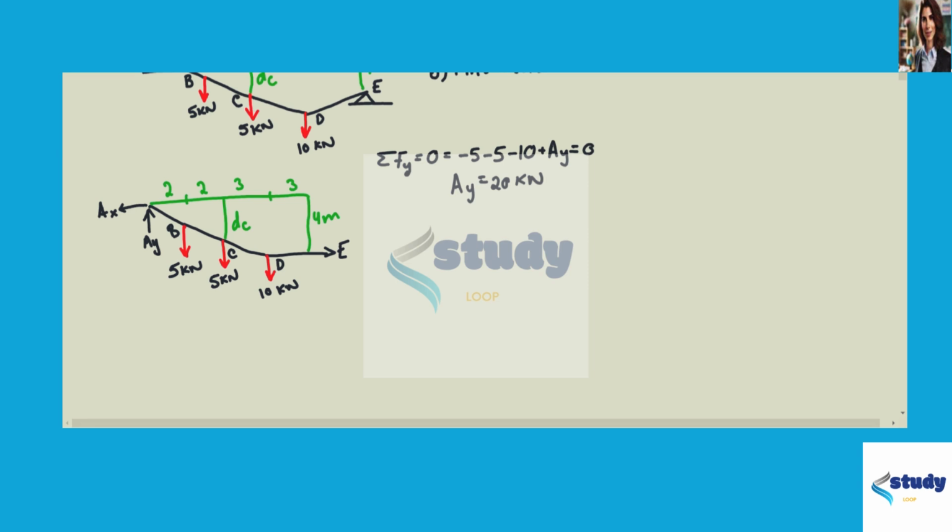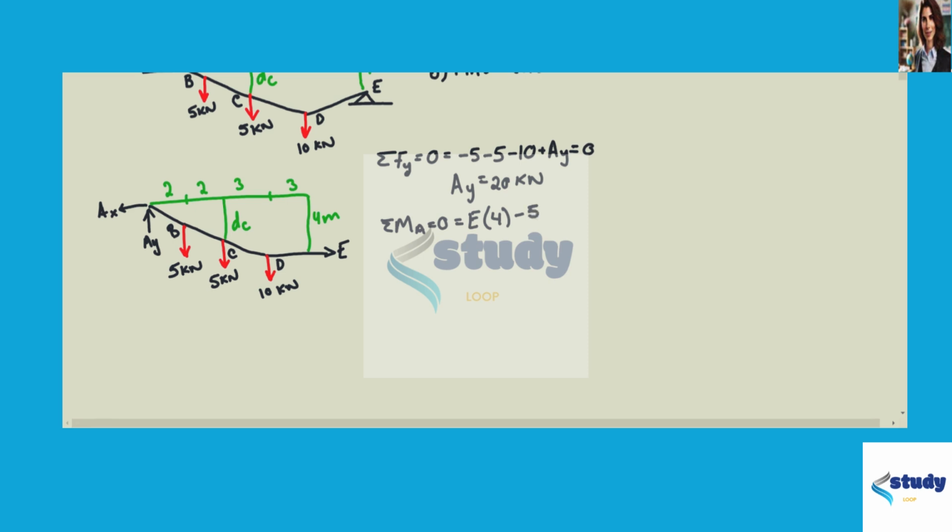Now we're going to take sum of moments around A and set that equal to 0. And this will equal E, which is in the horizontal direction, times 4, because the vertical distance between A and E is 4 meters, minus 5 times 2.